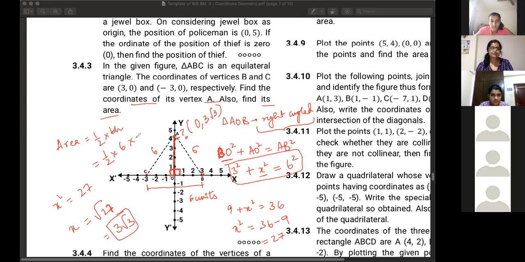Not 3, but 3 root 3. Correct. Okay. So just solve this and you'll get your final area of the triangle. Let's do it. So 3 into 3, you'll get area as 9 root 3 unit square. That will be the answer.